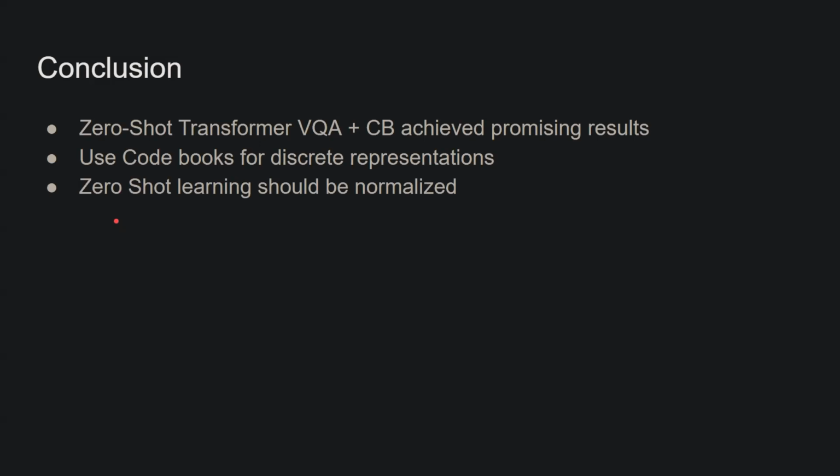We believe that zero-shot learning should be normalized and something to do more frequently on machine learning problems. It just makes sense. More believable results, since these methods are supposed to be used in the real world with unseen data. So we kind of want to emphasize to normalize them.